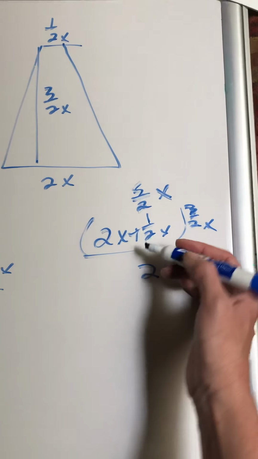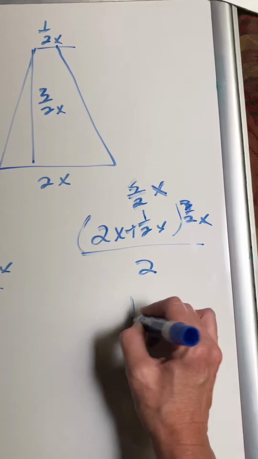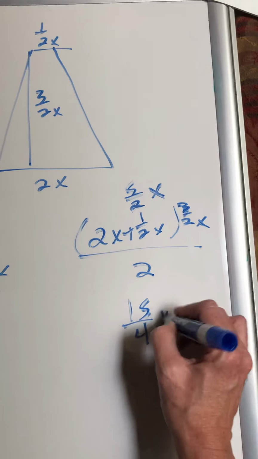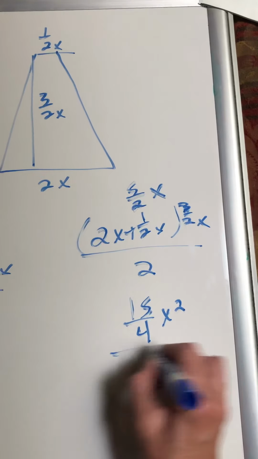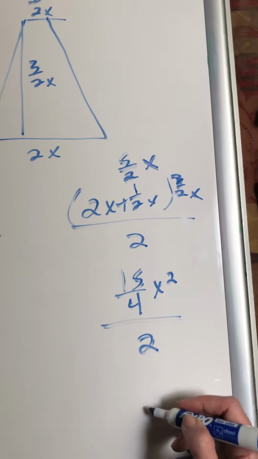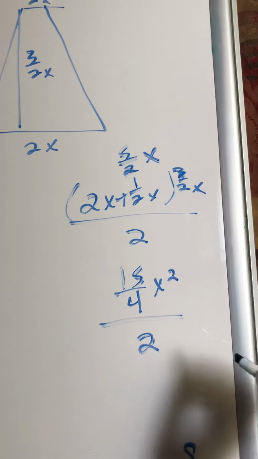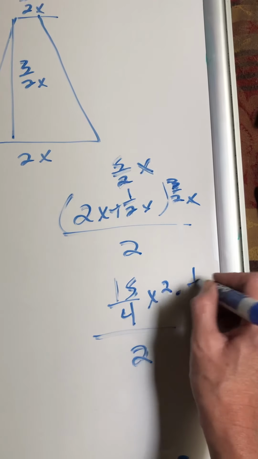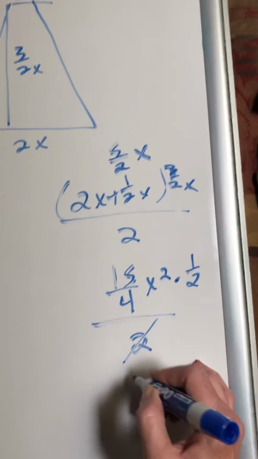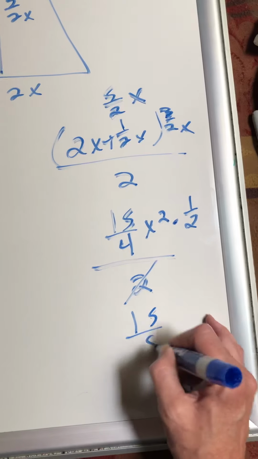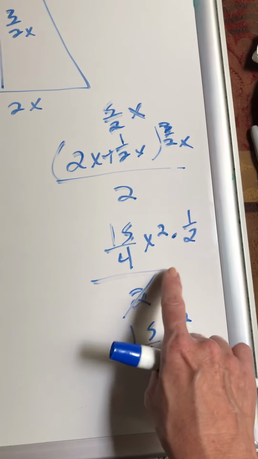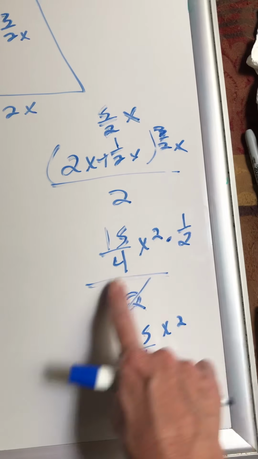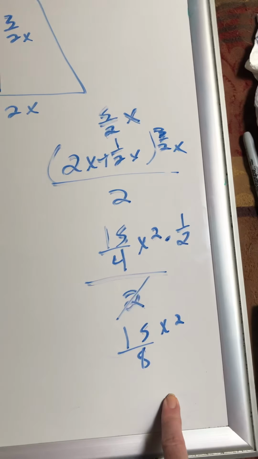So 5 over 2x times 3 over 2x would be 15 over 4x squared, because we multiply the 2 times the 2, all over 2. Now I can't leave it like this, so if I'm dividing by 2, it's like multiplying by 1/2. So that would give me 15 over 8x squared, because the 2 times the 4 is 8, and I flipped the 1/2.